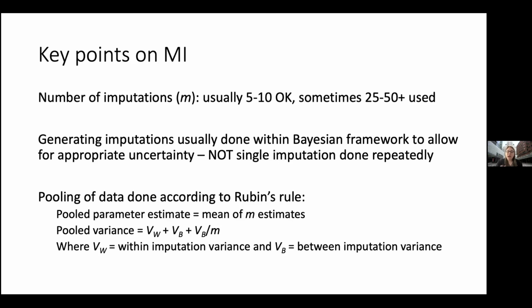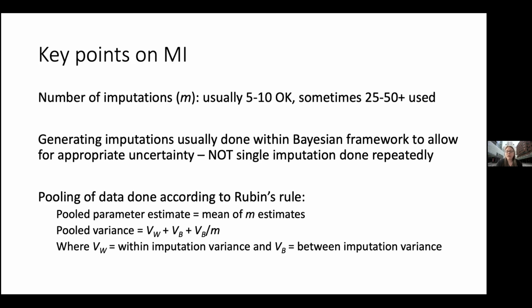When we're generating the imputations, we do it in something called the Bayesian framework. The Bayesian approach allows for the introduction of a random variable, and so we can introduce uncertainty in our estimate. That's the key thing, so that we have appropriate inference. We're not doing single imputation over and over.